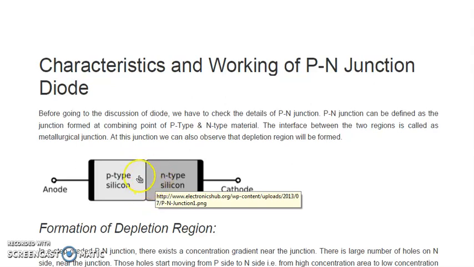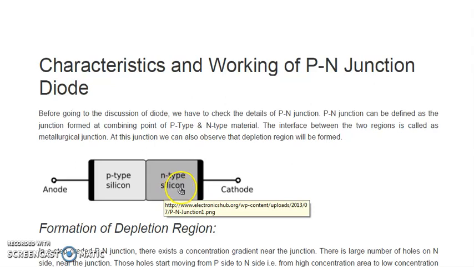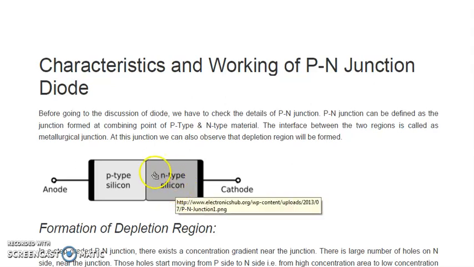Now as they move like this, even the pentavalent material with excess electrons is a neutral entity, isn't it? It has an equal number of electrons and nuclei, the positive charge, and the parent semiconductor also has an equal number of electrons and nuclei. So this is neutral as an entity.